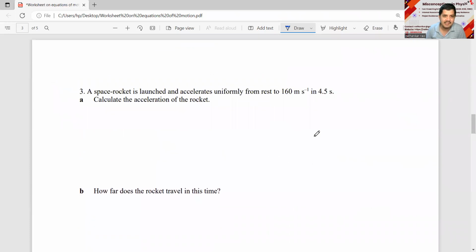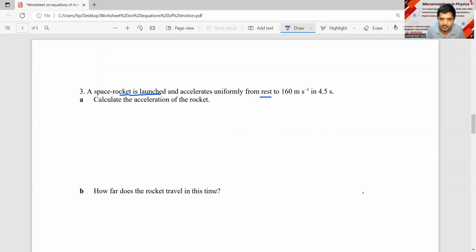A space rocket is launched and accelerates from rest to 160 meters per second. Let us read this slowly. A space rocket is launched and accelerates. Launched means initially the rocket was just standing at some point, and then you launch it, which means the initial velocity was 0.